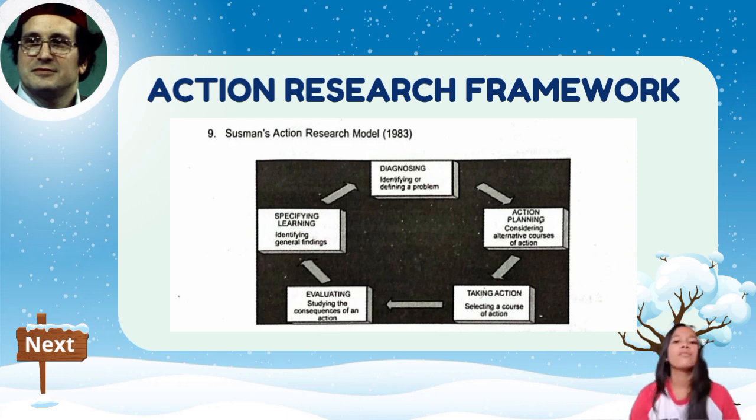After planning, the researcher takes action by implementing the chosen solution. Once the action is implemented, the researcher evaluates the results to determine the effect of the action. Finally, the researcher identifies general findings or lessons learned from the study. These findings help improve future practices and guide the next research cycle.